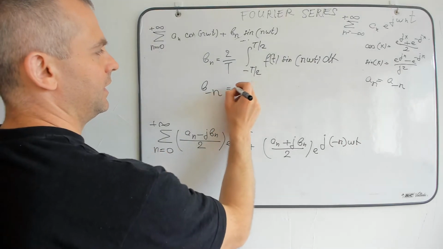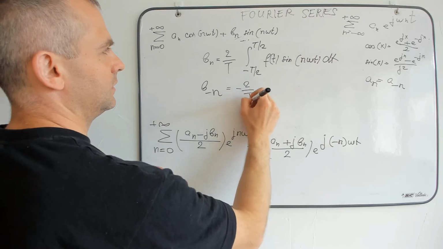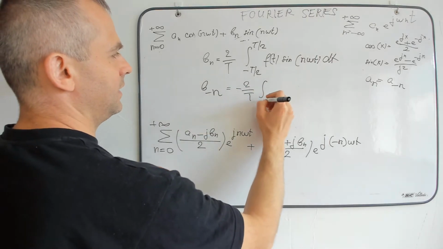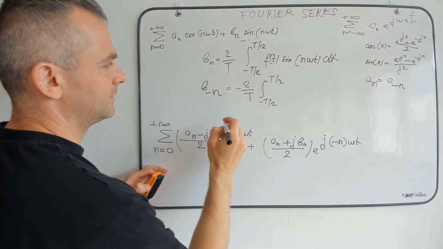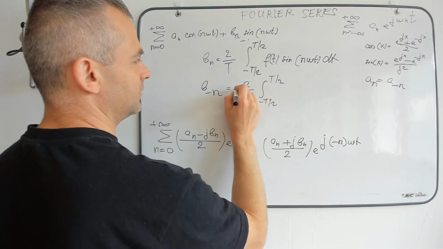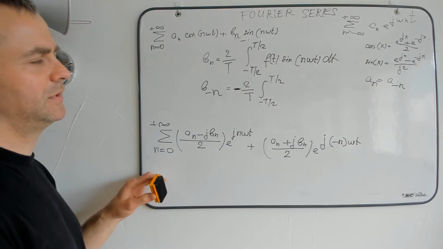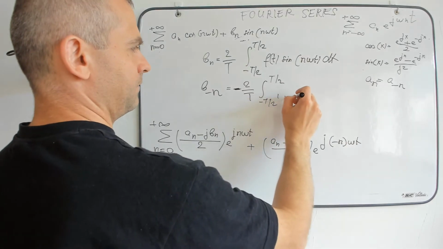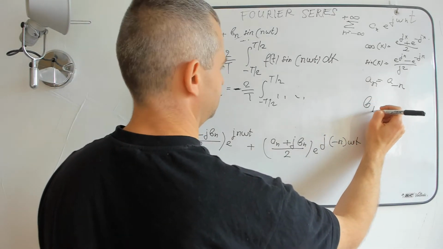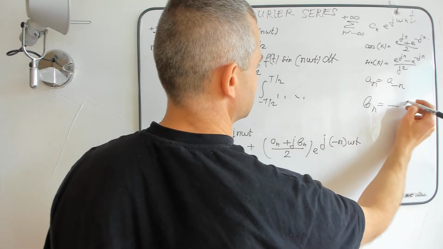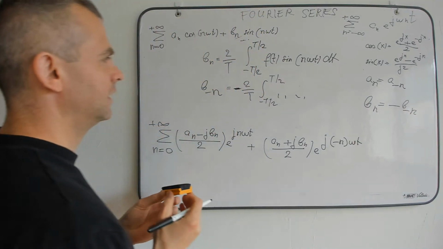And I can write that b minus n is equal to the same integral, but with the minus in front of the integral, which means bn is equal to minus b minus n.